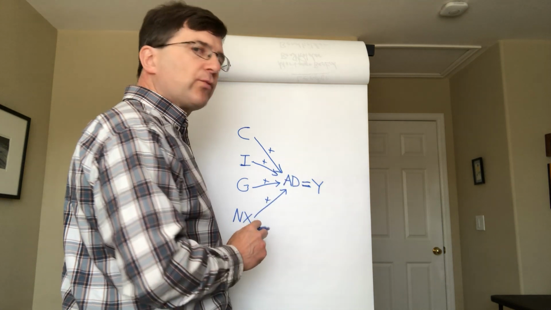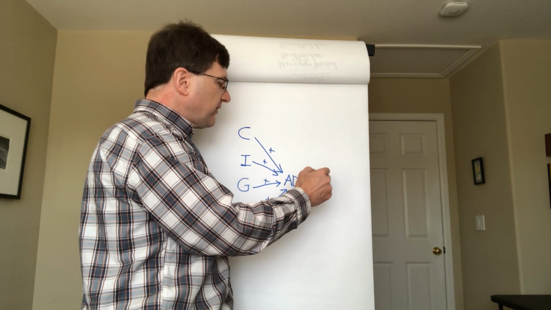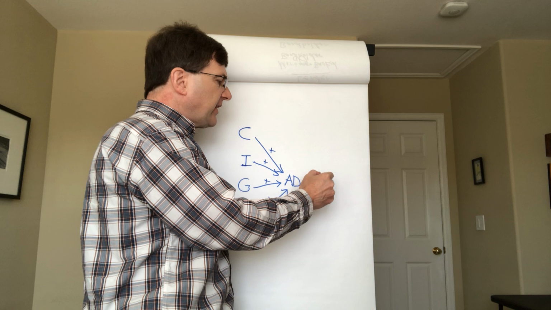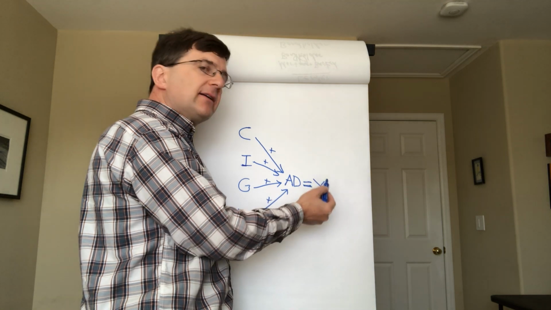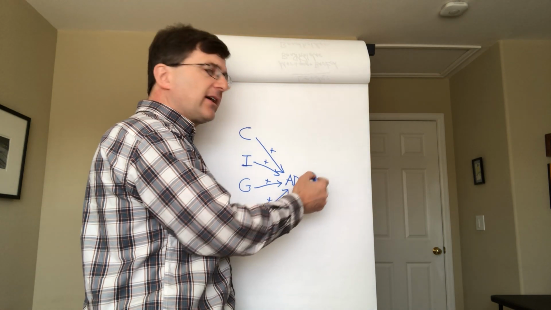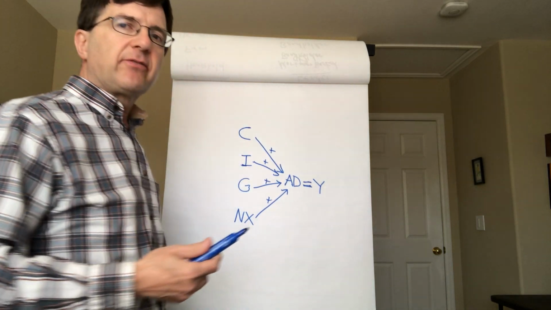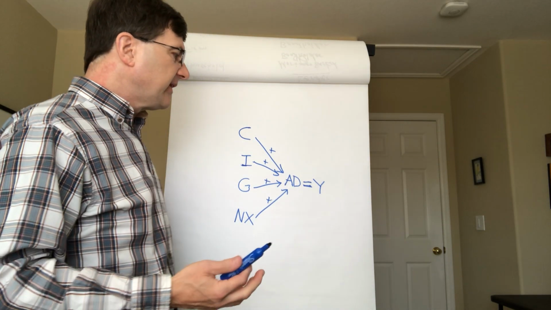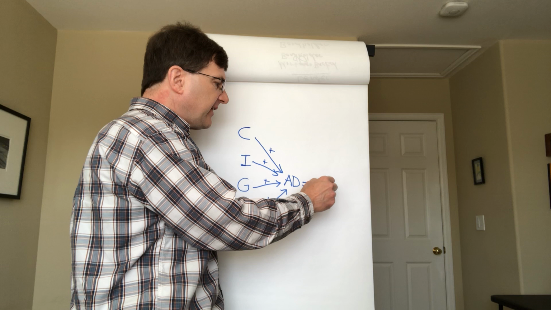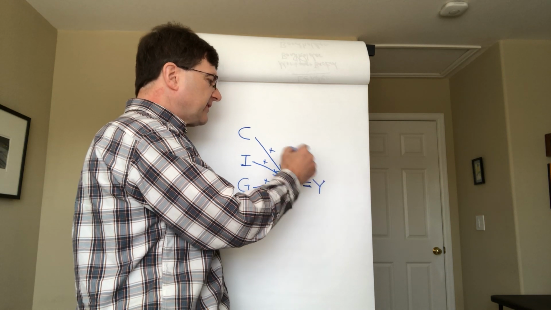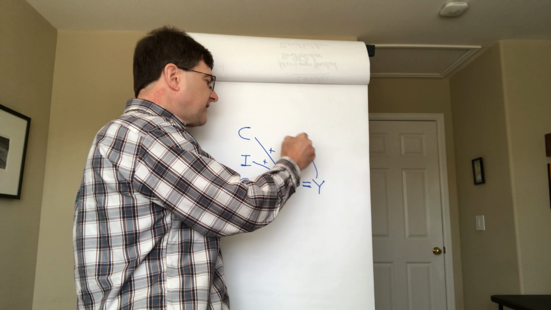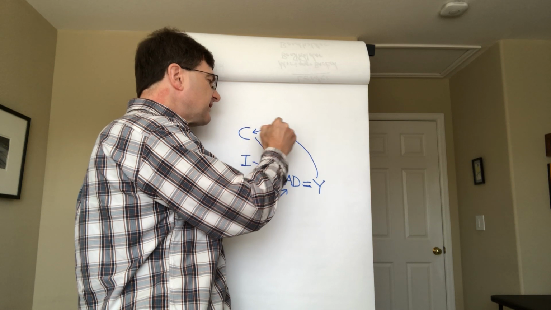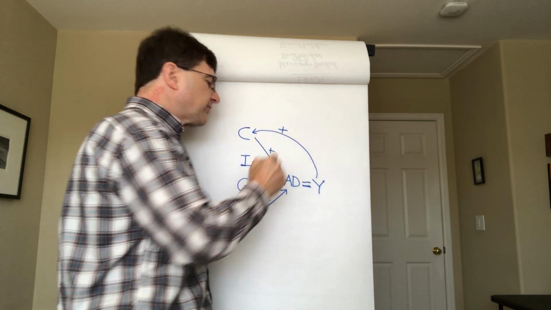Now, one of the really important things you need to remember is that higher GDP also means higher income for people. GDP has many different aspects to it, and one aspect of it is income for people, and higher income leads to more consumption.